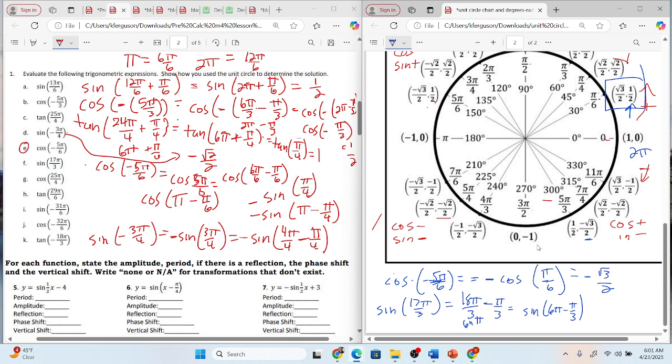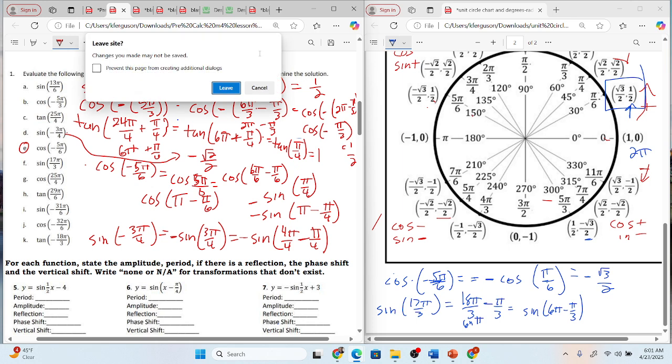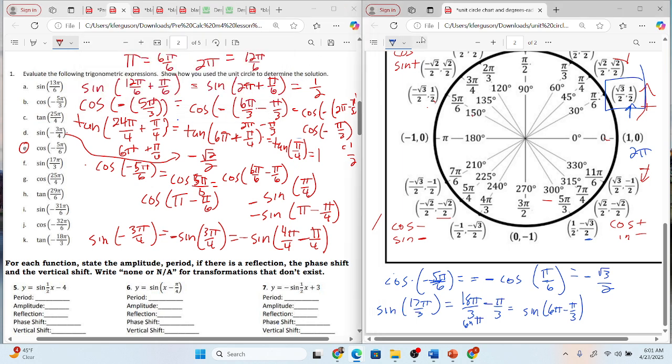Oh, wait, that doesn't work, does it? Because the value that we got, it's plus. So that doesn't work. So nope, can't do that one. Wow, this is turning out to be really fun, isn't it? So let's see, what else could I do?